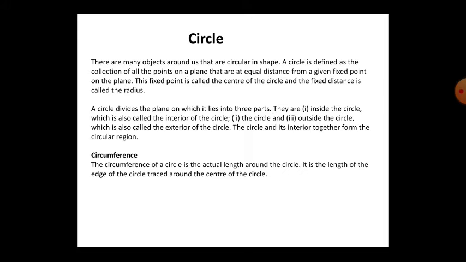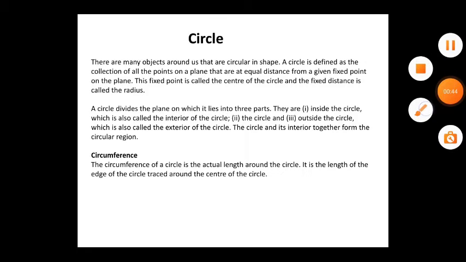A circle is defined as a collection of all points on the plane that are at equal distance from the fixed point.